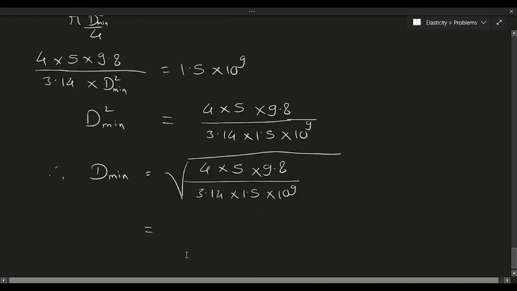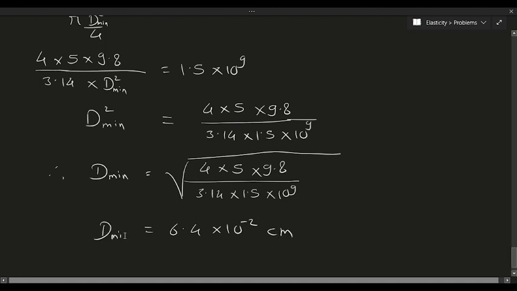After calculation, we get minimum diameter 6.4 into 10 raised to minus 2 centimeter.